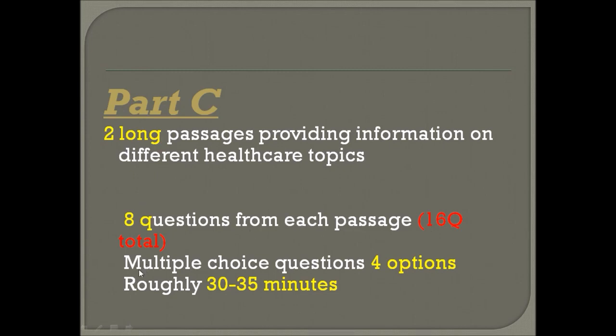As I have already told you, these are multiple choice questions with 4 options, and you have 30 or 35 minutes for part C. 2 passages in 30 minutes means 15 minutes for each passage. This is a really easy task, don't worry at all.